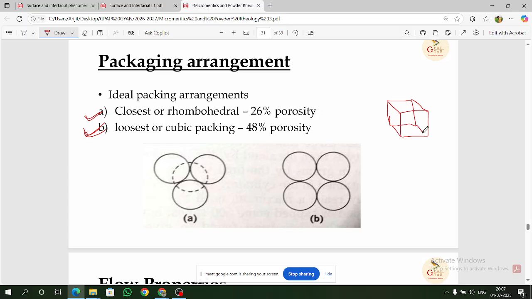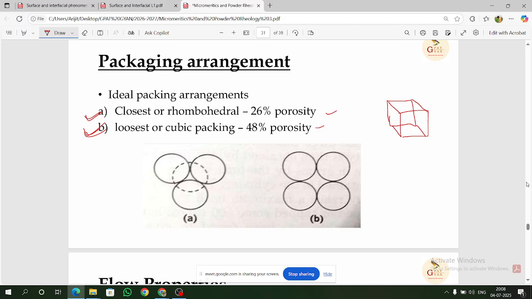I mean the volume, the void volume, will be more for a cubic packing, 48 percent, and the rhombohedral 26 percent porosity, those are actually required.